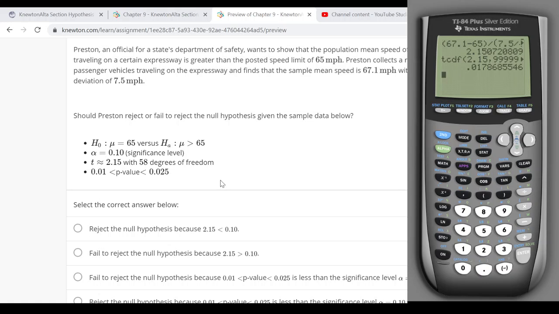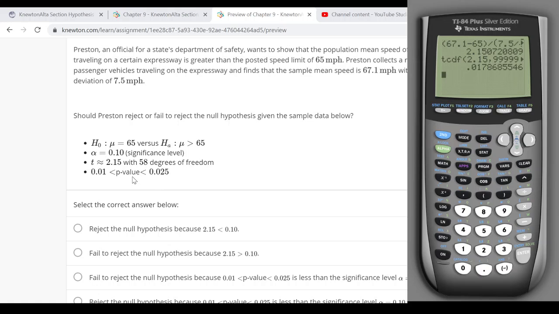If the p-value is greater than alpha, then you fail to reject the null hypothesis. So you'd keep the statement, support the statement that the mean is 65 miles per hour.